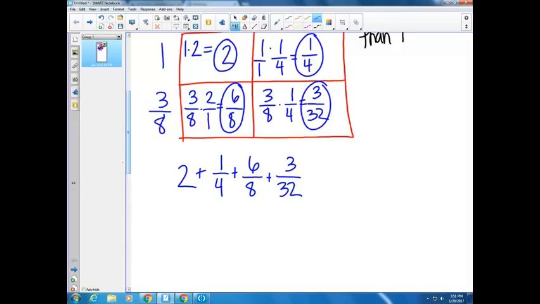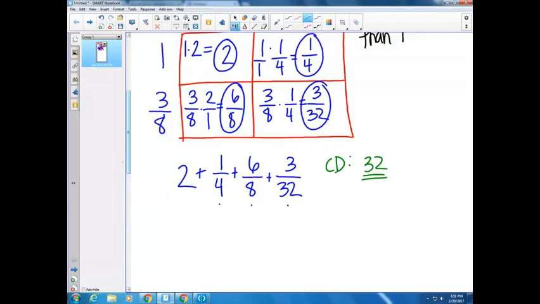Anytime we are adding or subtracting fractions, you must find common denominators. So right now we have a 4, 8, and 32. I notice that 4 and 8 both multiply together to make 32. So I'm going to find a common denominator for all my fractions of 32.